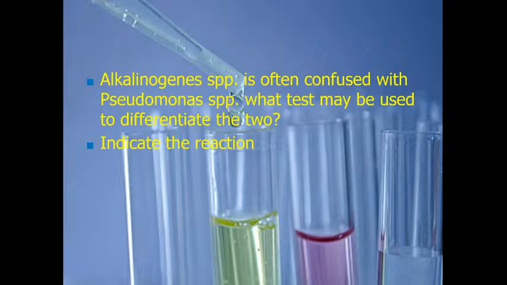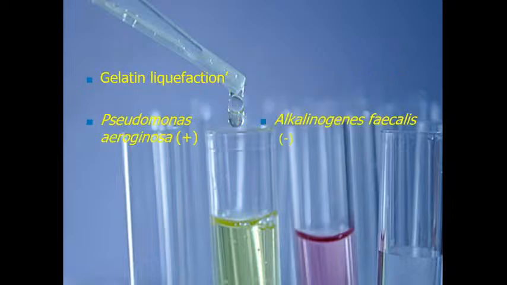It's a member of the Alcaligenes species, and Alcaligenes species are oftentimes confused with Pseudomonas species. There's one test that we can use to differentiate the two. If it's a member of the Pseudomonadaceae family, it will test positive for gelatin liquefaction. But if it's a member of the Alcaligenes family, specifically Alcaligenes faecalis, then that's going to test negative for gelatin liquefaction.